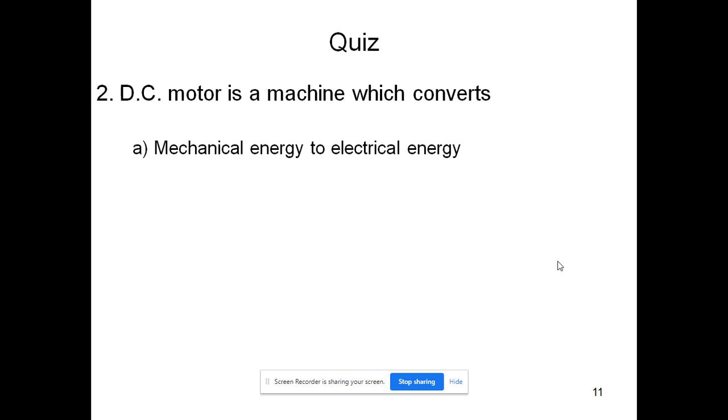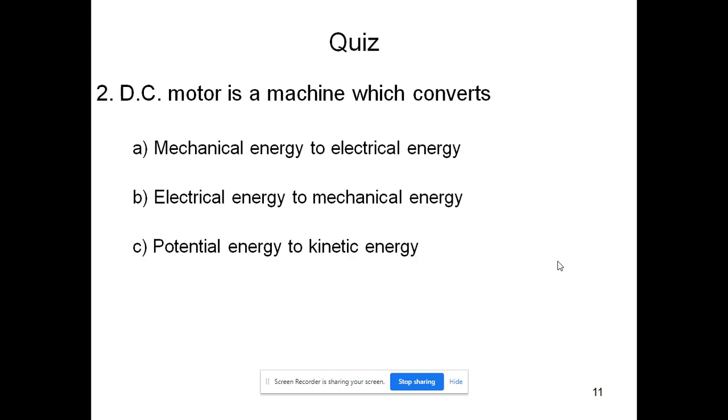For the DC machine which converts electrical energy, the DC motor, we know that the motor always converts electrical energy to mechanical energy. That's why the answer is B.